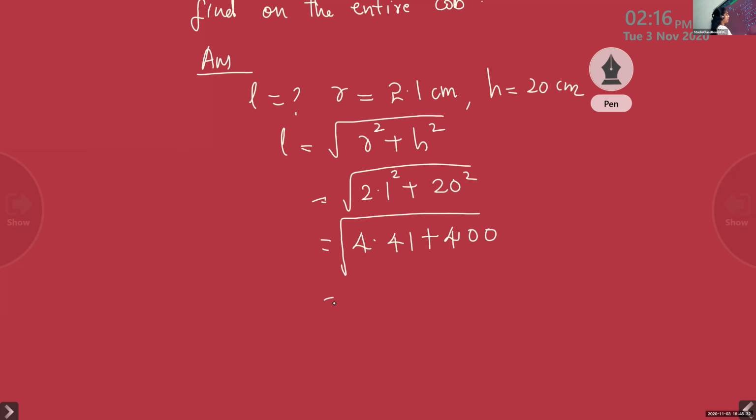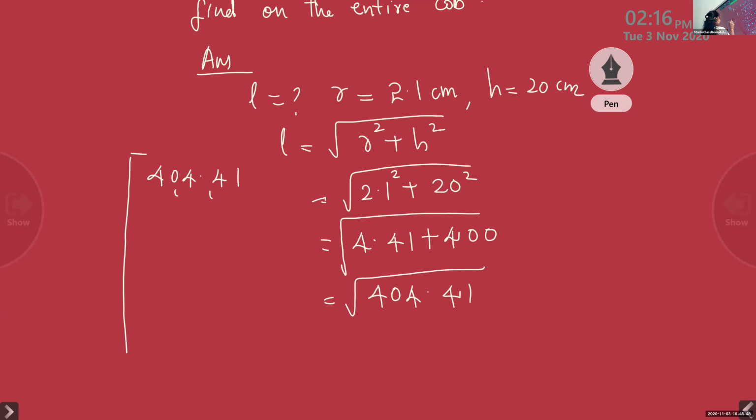So inside the root you will get 404.41. How will you find the square root of it? You should use our square root method. Okay, split. Find the square root first. I don't know whether you remember this.